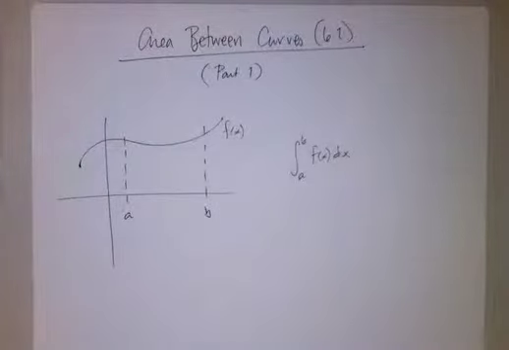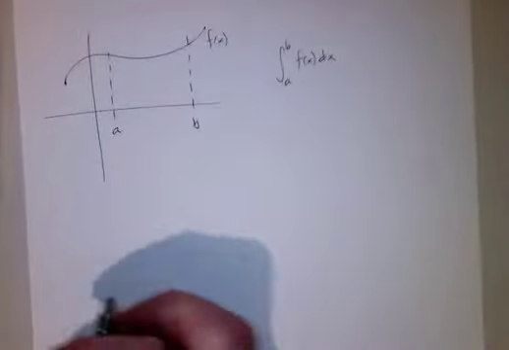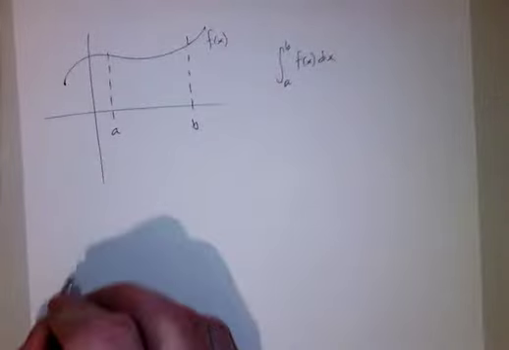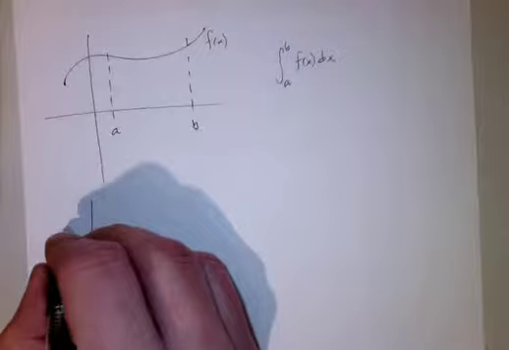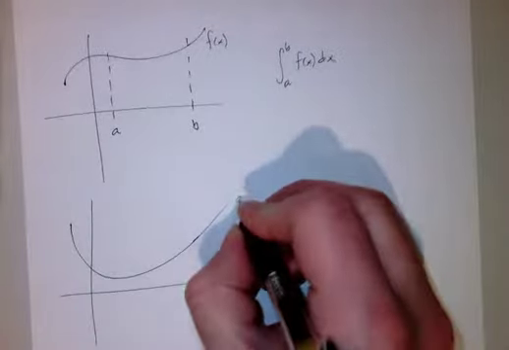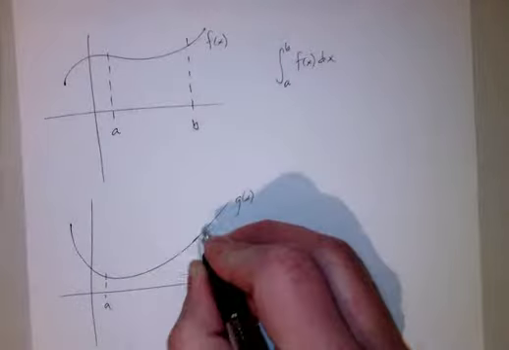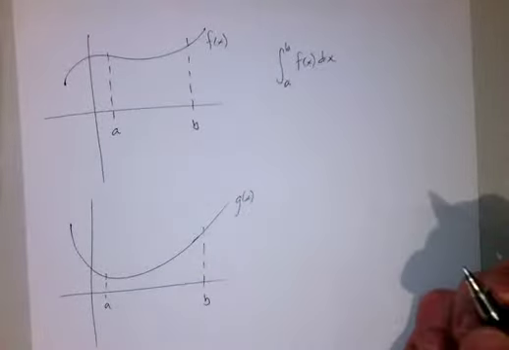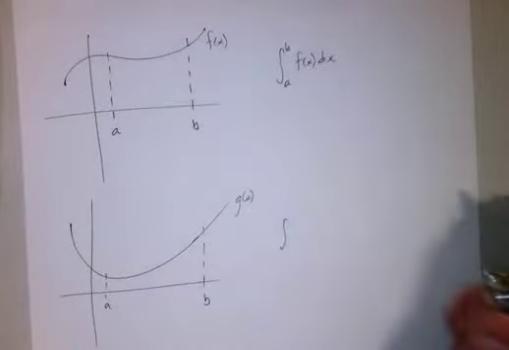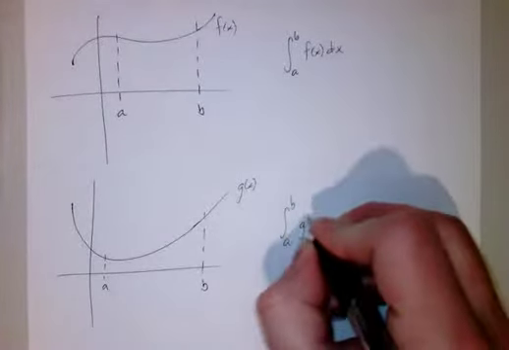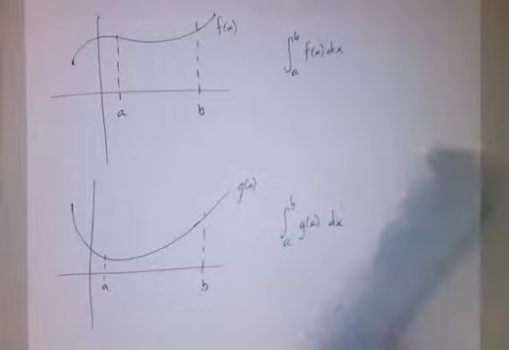Well, if I'm looking for the area of g of x from that same a to b, the area under g of x is going to be the integral from a to b of g of x dx.